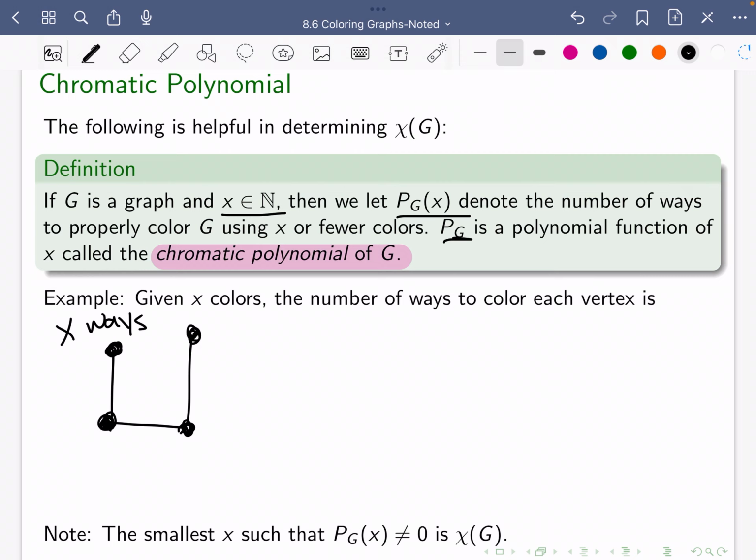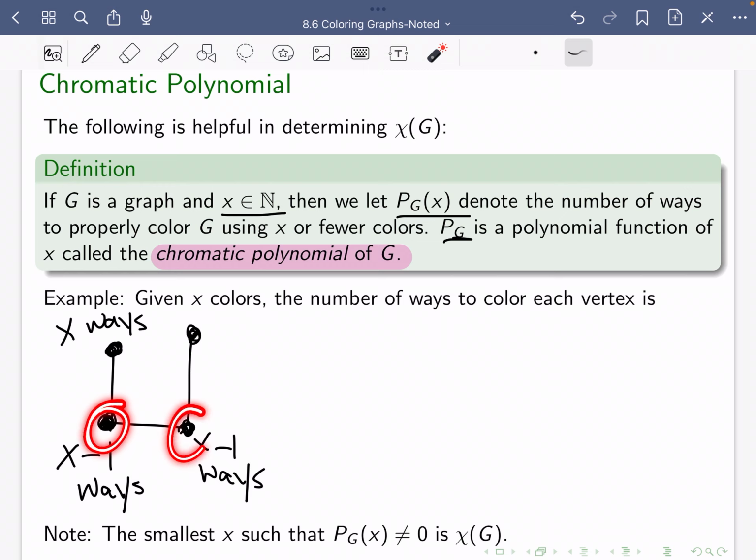Right next to it, we can color this with any of the other colors other than the one that's right next to it. So we have x minus 1 ways. This next one also has x minus 1 ways. It cannot have the same color as this one, but there are x minus 1 colors still open to it. And this one right here has x minus 1 colors open to it. It can't have this one.